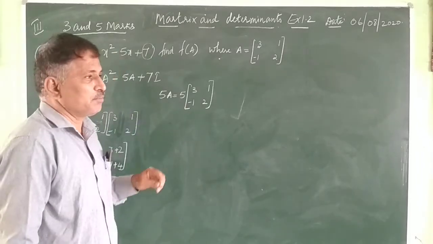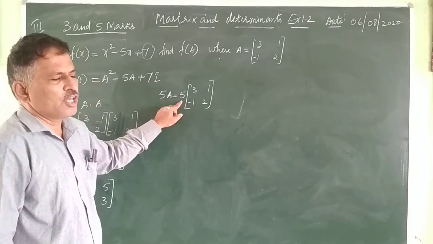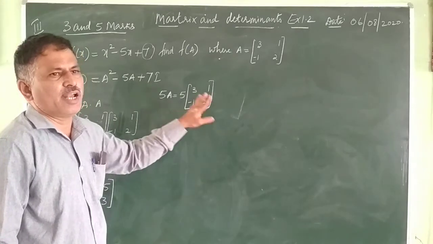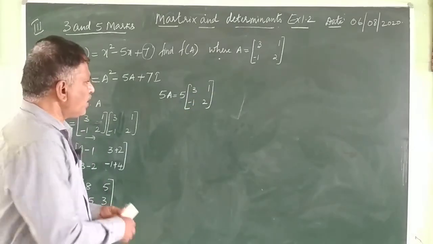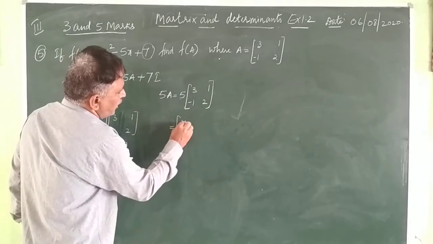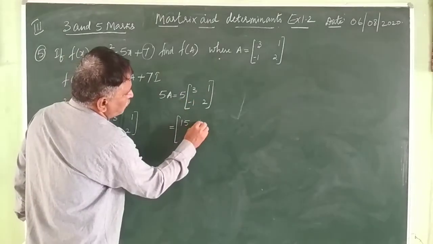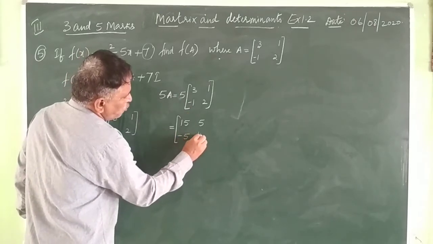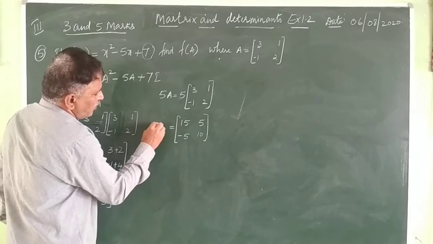Scalar multiplication is where the number outside the matrix is multiplied with each and every entry of the given matrix. So this will become 5 threes are 15, 5 ones are 5, 5 into minus 1 is minus 5, 5 twos are 10. This is 5A.